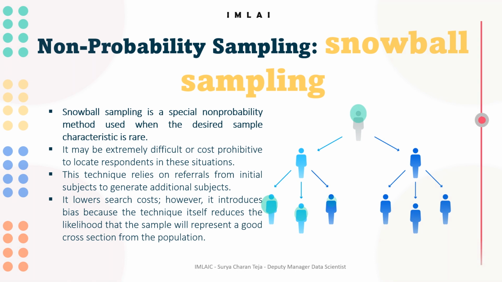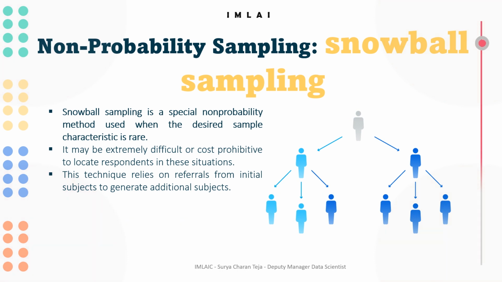If you onboard more people, you will get more money. I don't know exactly, but that's also a referral kind of work. So this also works on the same principle.